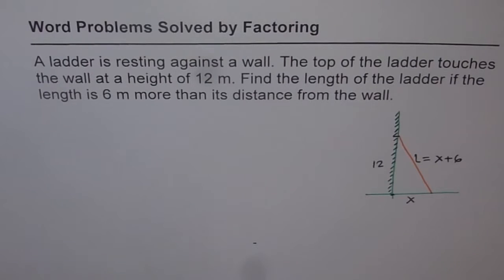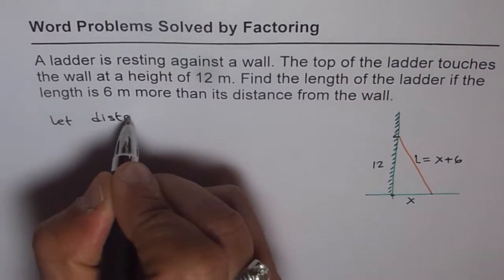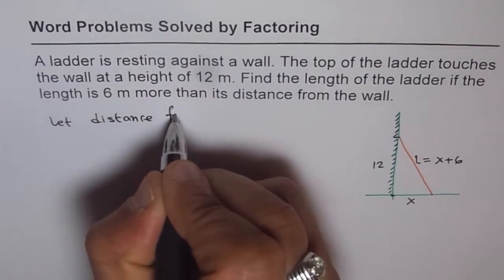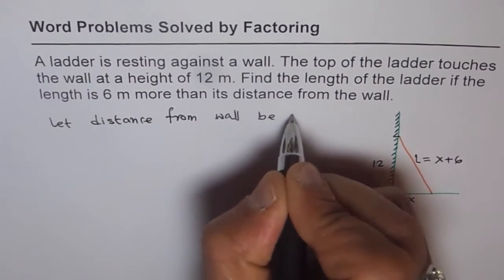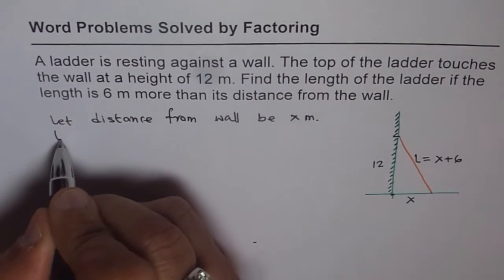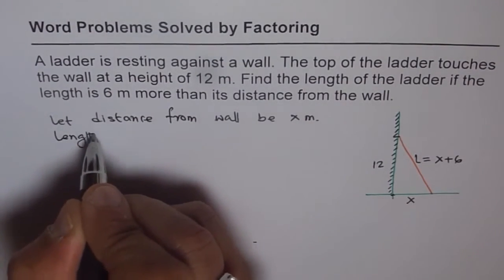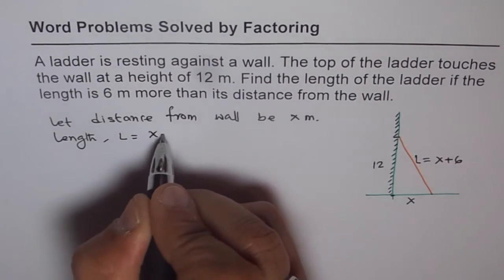So we are making an assumption that let the distance from the wall be x meters, right? Now in that case, length will be how much? L equals x plus 6, right?